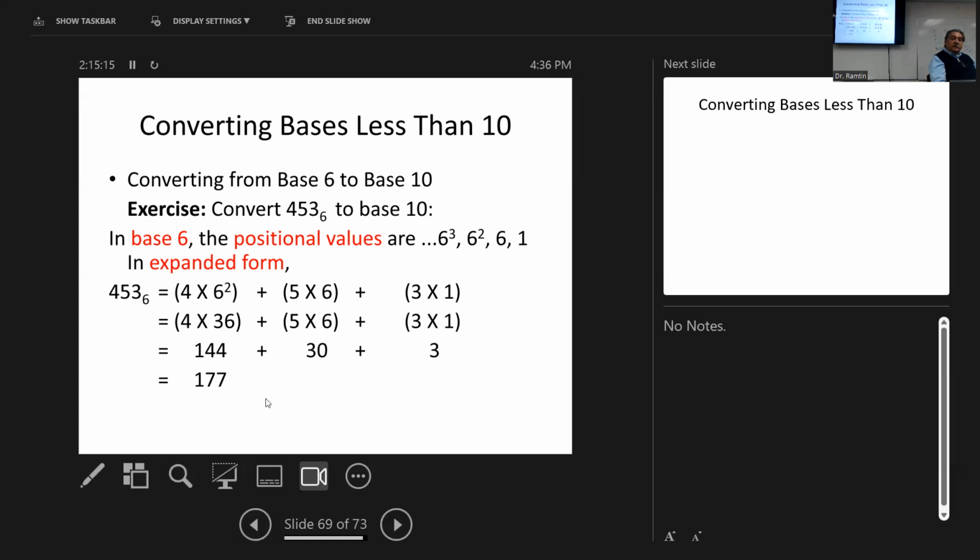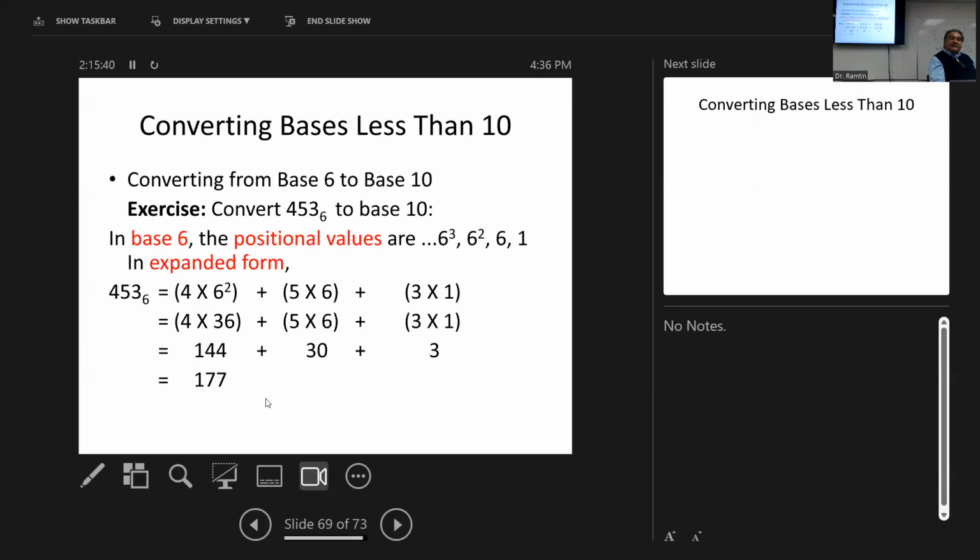Remember, this is base 6. The first position is 1 minus 1, 0, so you get 1; it's 3 times 1. The second position is 2 minus 1, so you get 6 to the power of 1, which is 6.